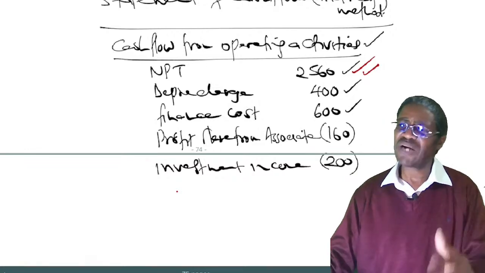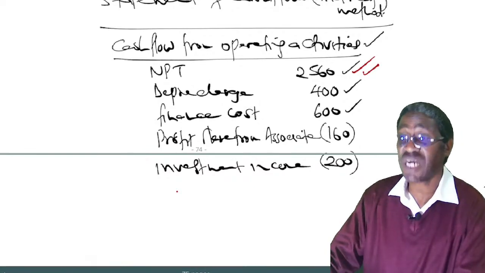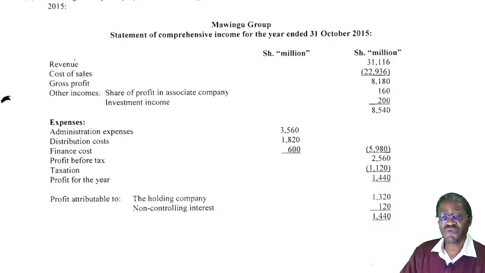So let's go back to the income statement and see whether we have picked up all the non-cash items. Good. We have profit share from associate. That one we have done. Below there, I can see distribution and admin. That's okay. I have picked the finance cost. So it looks like from this income statement, there were only two non-cash items: the finance cost and the profit share from the associate.